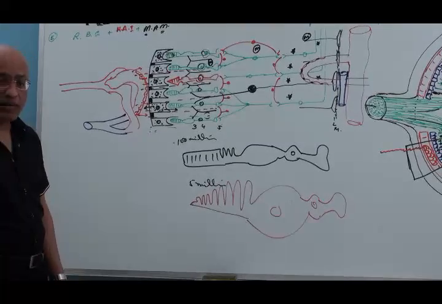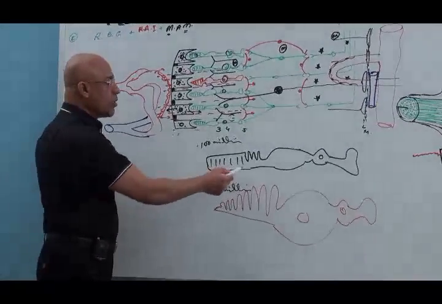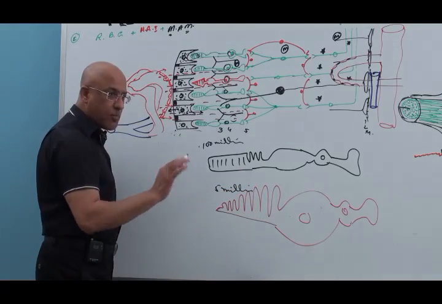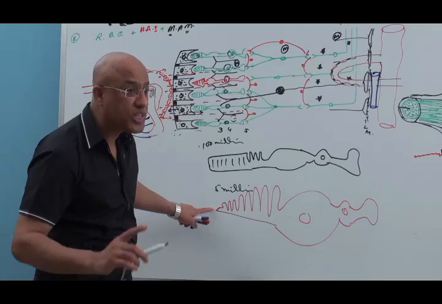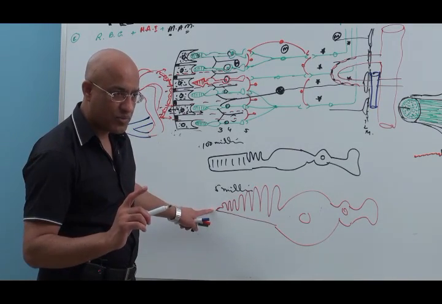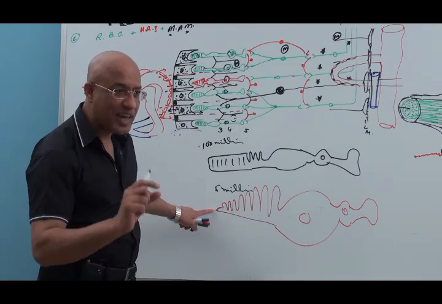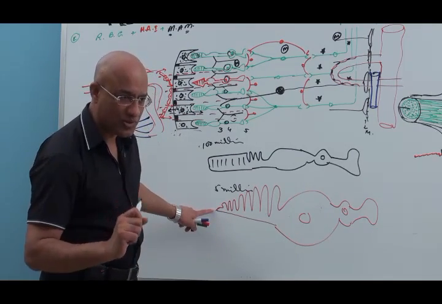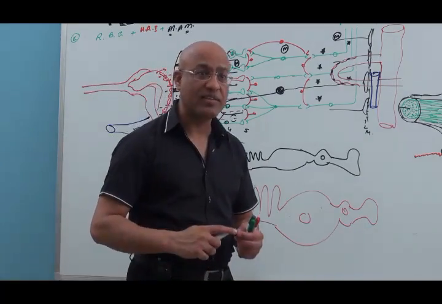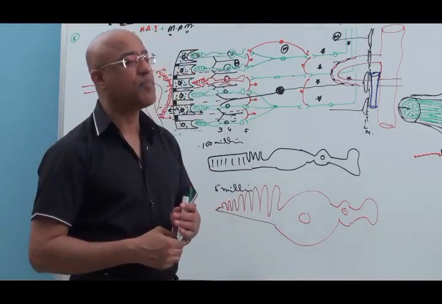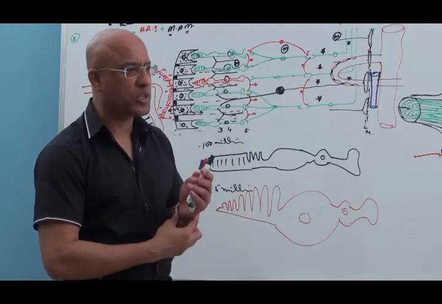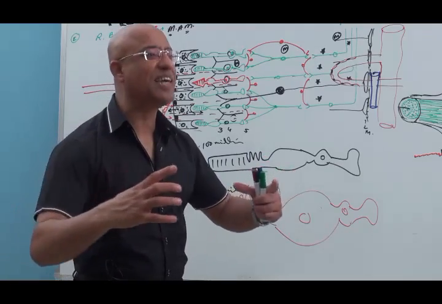Rods are more abundant. Number two, of course, rod outer segment is rod shaped and cone outer segment is cone shaped, conical. But this is not always true, because the cones which are present in macula, fovea centralis, are rod shaped. They are roddy cones. Cones which are present in the fovea centralis, because fovea centralis is the part of the retina with maximum visual acuity, are very tightly packed.